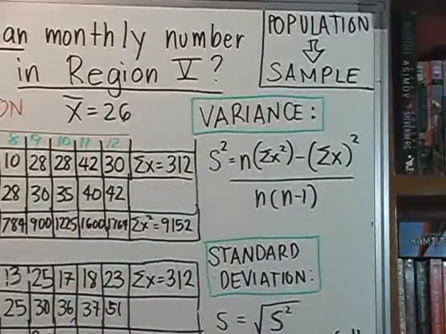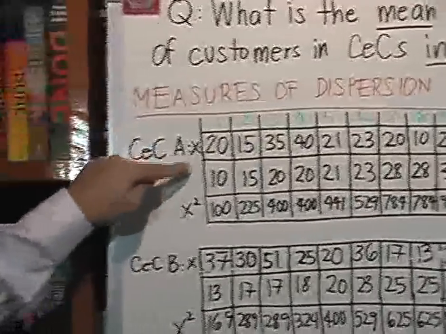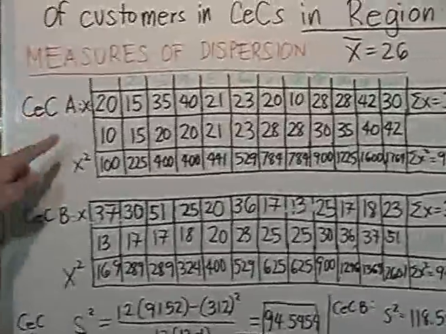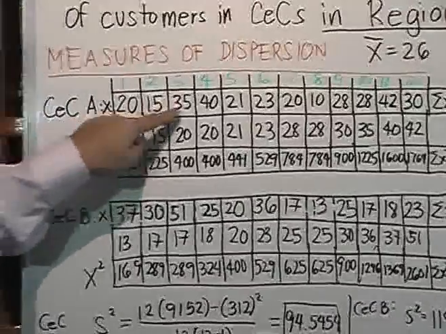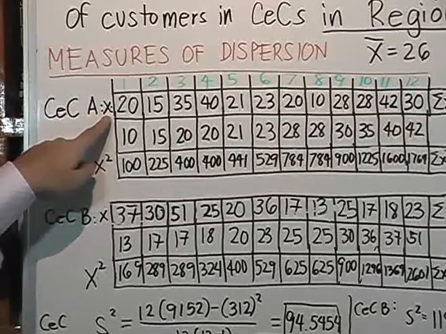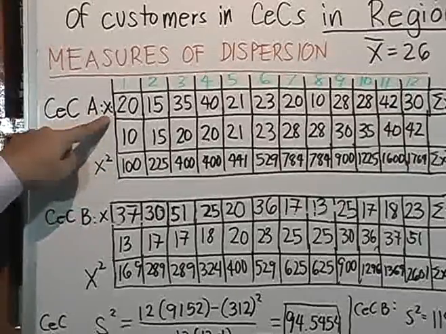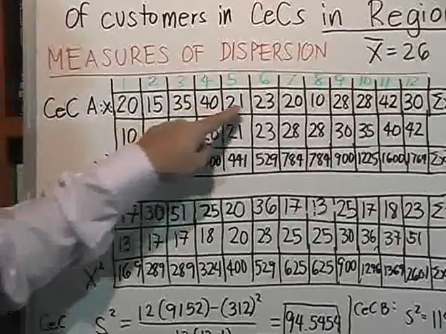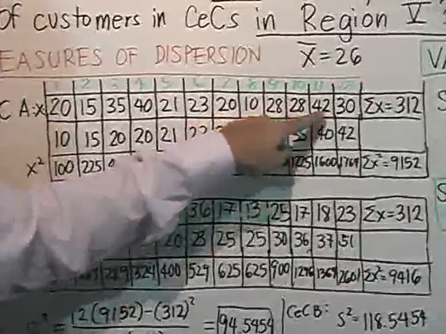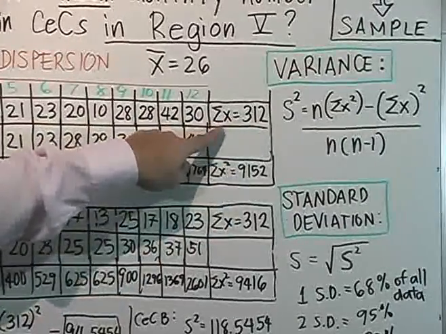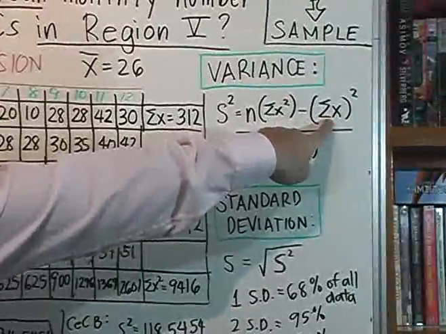So, I've expanded the tables here for CECA and CECB. Remember that all of these observations are your excess over the 12 months of observing the number of customers in CECA. If you get the total or summation of all these observations, you will get 312. This is your summation of X, so you place it here.